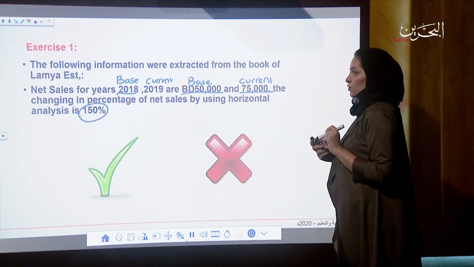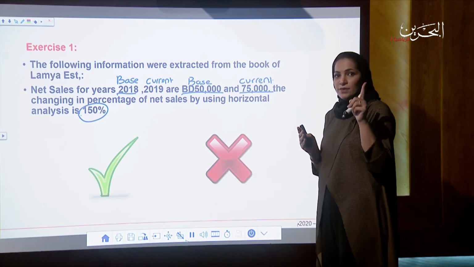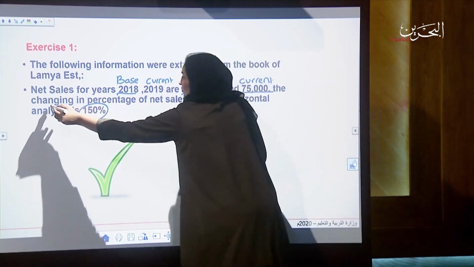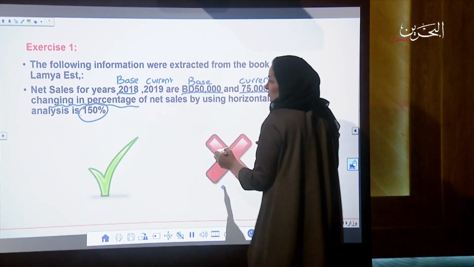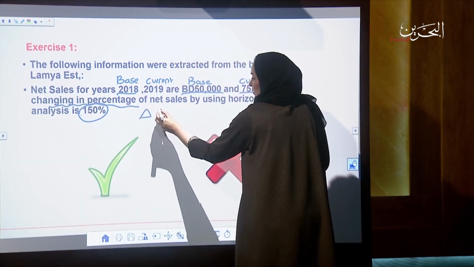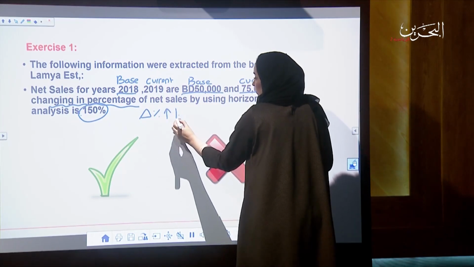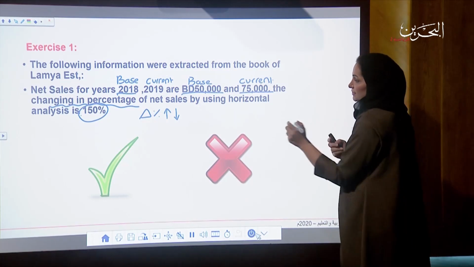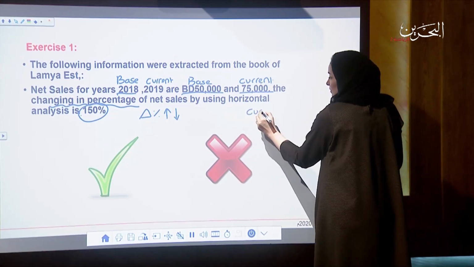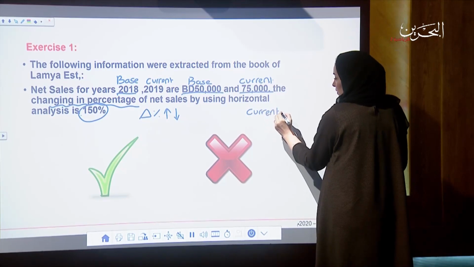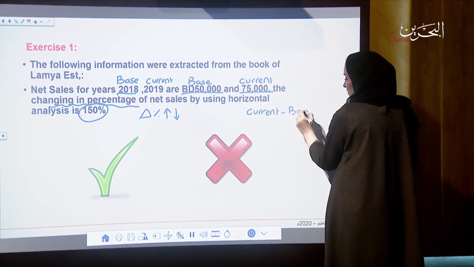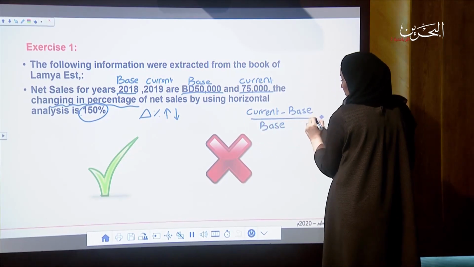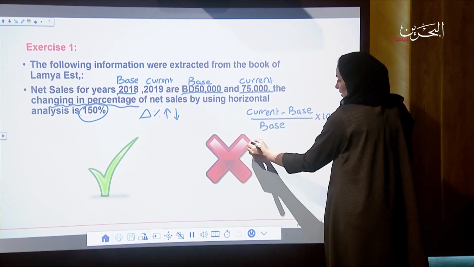First of all, we have to decide if it is the first formula or the second formula. Because it says change in percentage, and change in percentage means increase or decrease, I have to apply the second formula: current minus base amount, divided by the base amount, multiplied by 100.